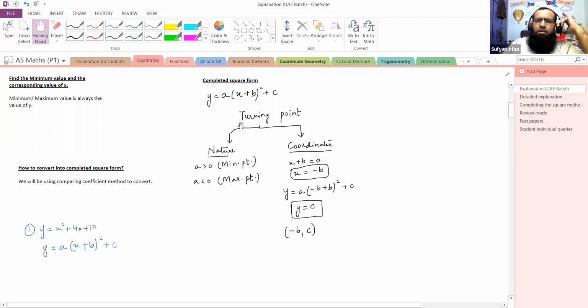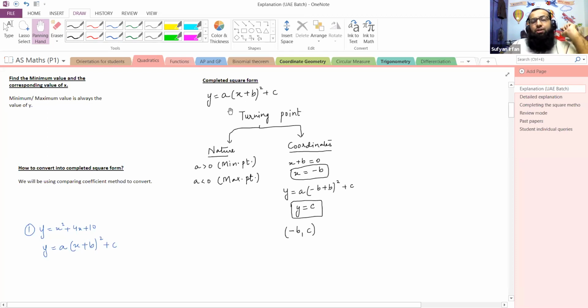Here I have written the general form of completed square form, which is y equals to a(x plus b) whole square plus c, in which we can see that there's a bracket and the whole square at the top of it. And inside the bracket, there is a function in terms of x.